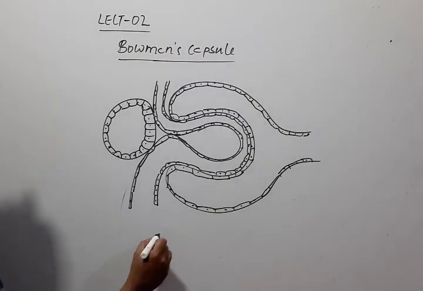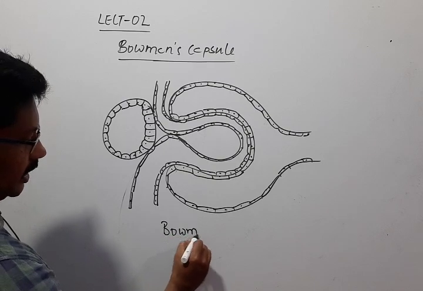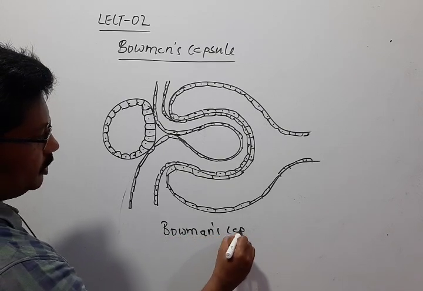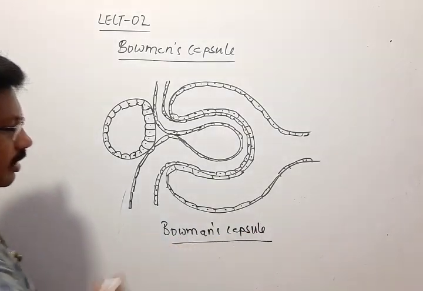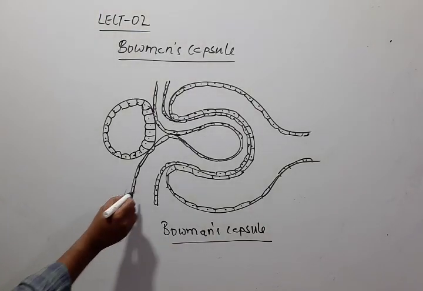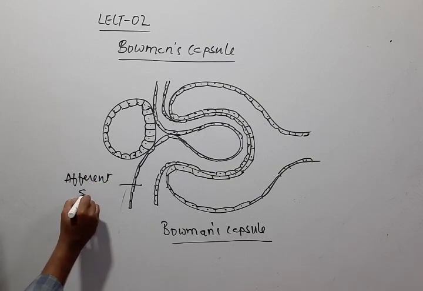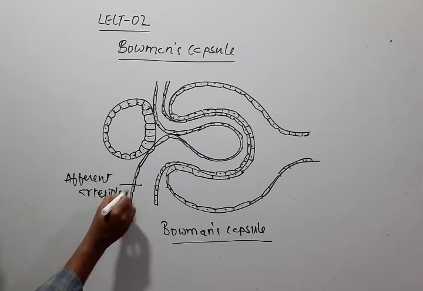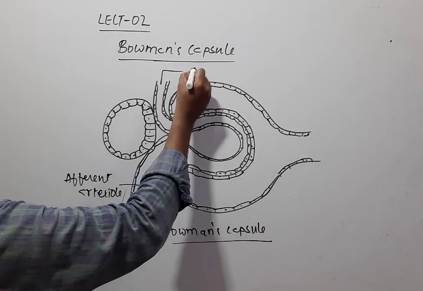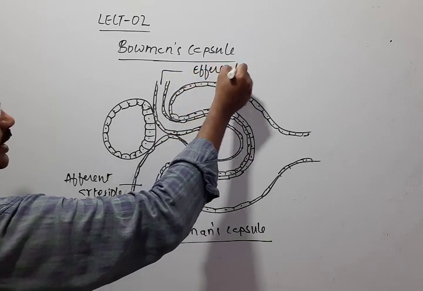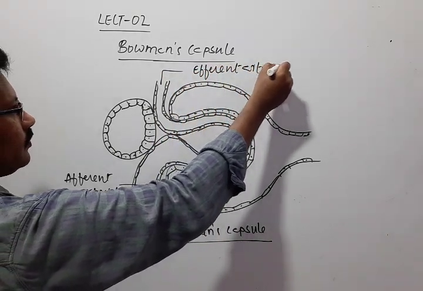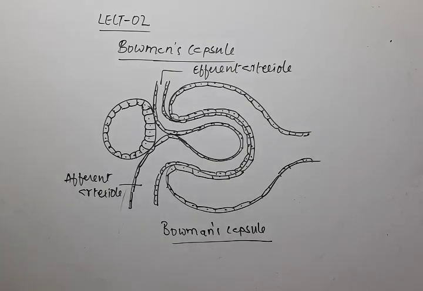So this is how the Bowman's capsule looks like. Here this is the afferent arteriole and this is the efferent arteriole, and this Bowman's capsule is a double walled cup-like structure.